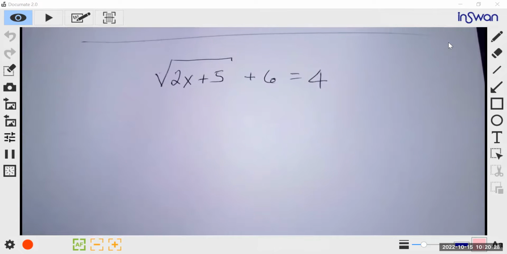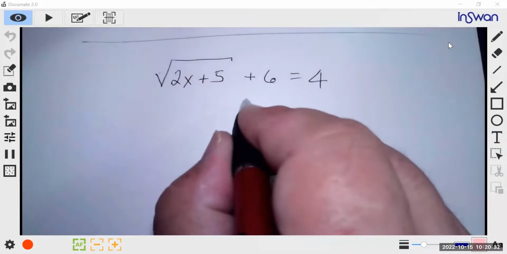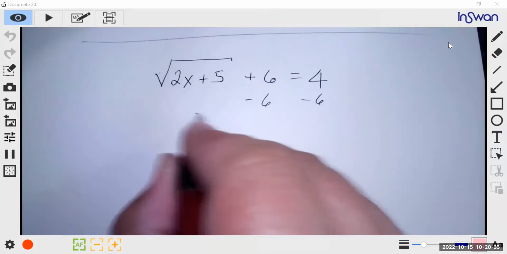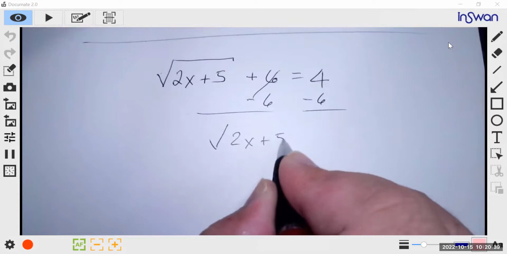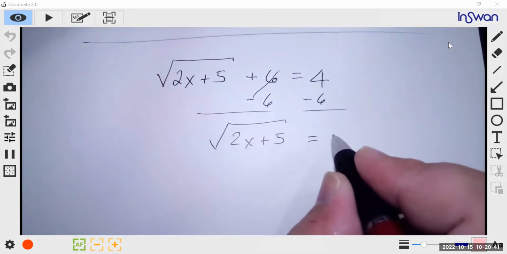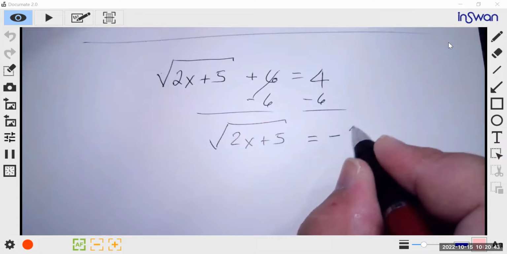Square root of 2x plus 5, plus 6 equals 4. Subtract 6 from both sides. Square root of 2x plus 5 equals negative 2.